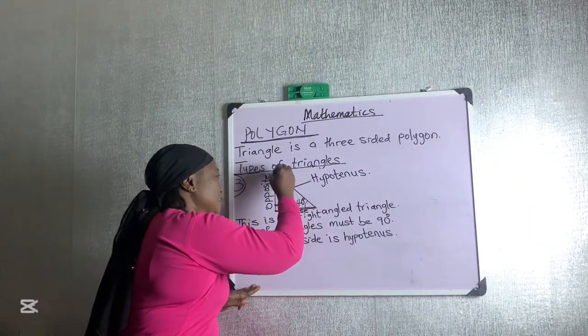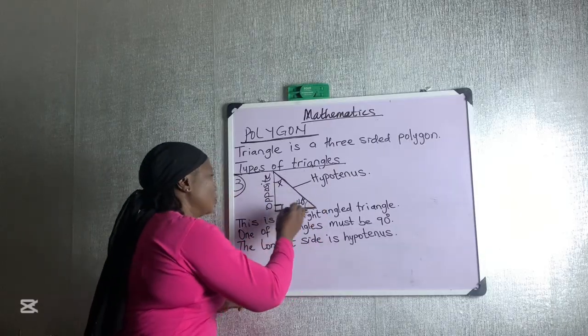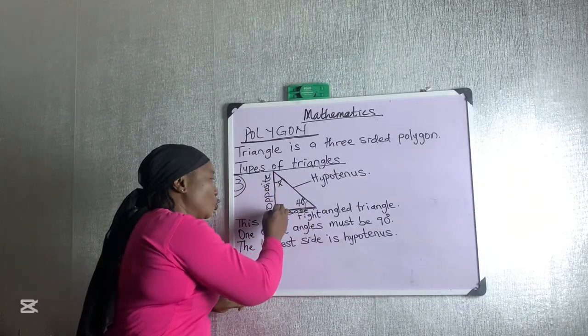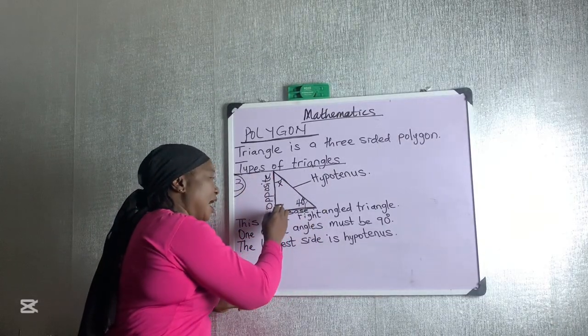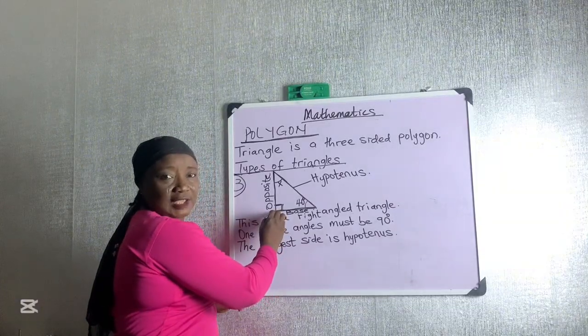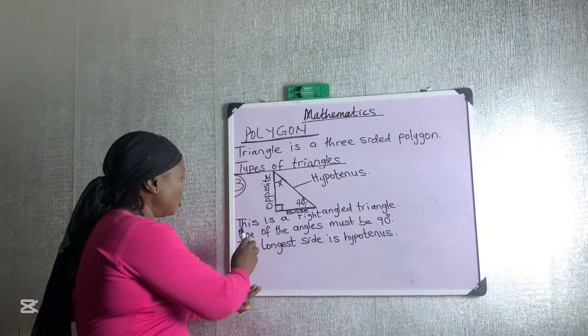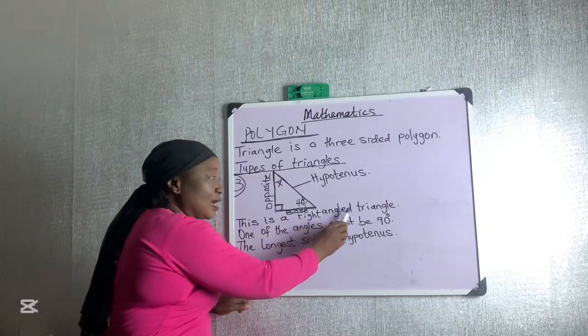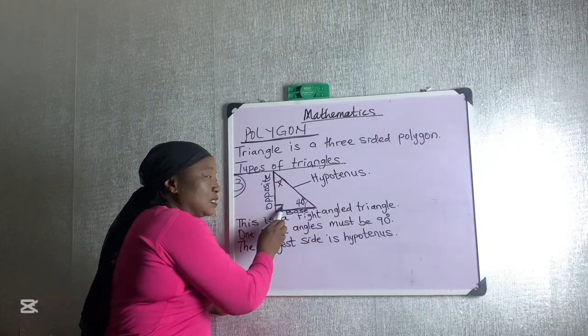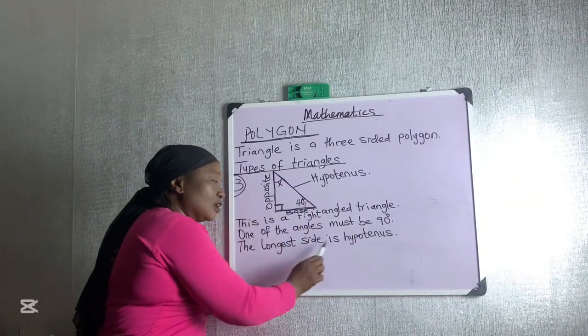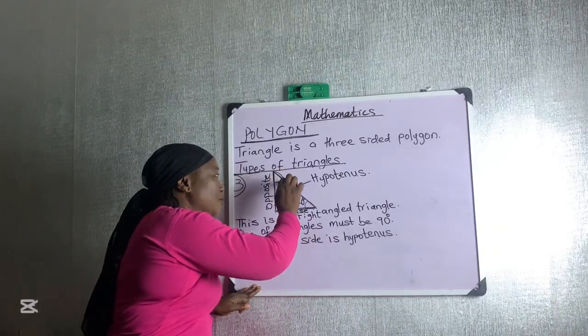The longest side is called the hypotenuse, while this side is known as the opposite, or we call it the height of the triangle. So the property is just this: it is a right-angled triangle because one of the angles must be 90 degrees, and the longest side is known as the hypotenuse.